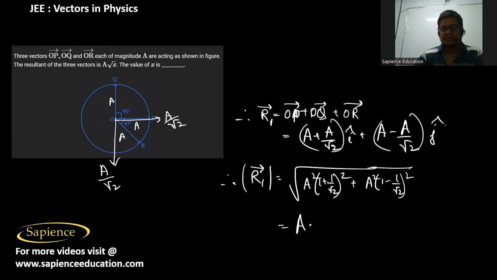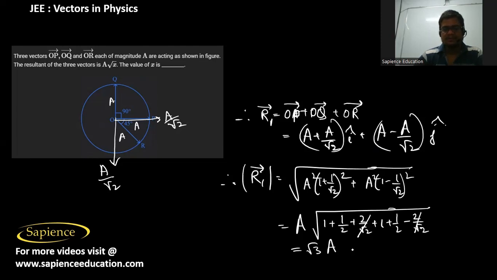So therefore, we will get A into root over 1 plus 1 by 2 plus 2 by root 2 plus 1 plus 1 by 2 minus 2 by root 2, where A square I can take as common, and root over A square is A. So half plus half is 1, 1 plus 1 plus 1 is 3. So this is root 3 A, or I can say A root 3, which is equal to A root x. So therefore x will be equal to 3.